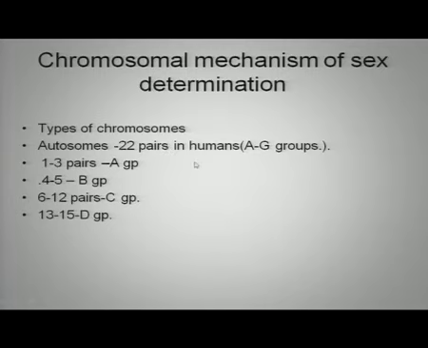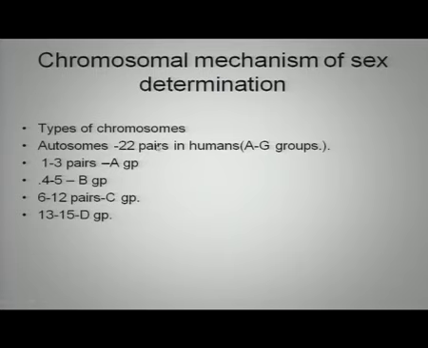In human beings, out of the 23 pairs of chromosomes, that means 2n is equal to 46 chromosomes, 22 pairs are autosomes and 1 pair is sex chromosome.